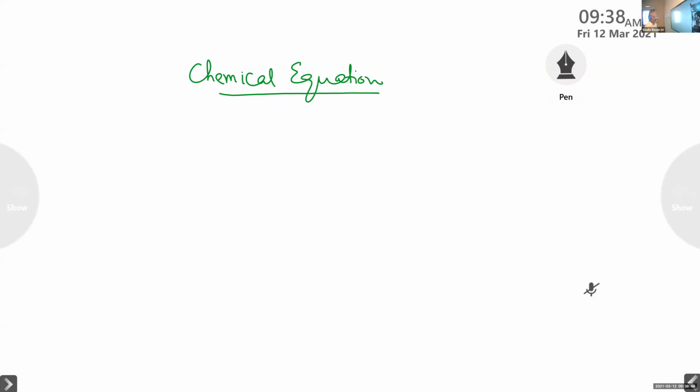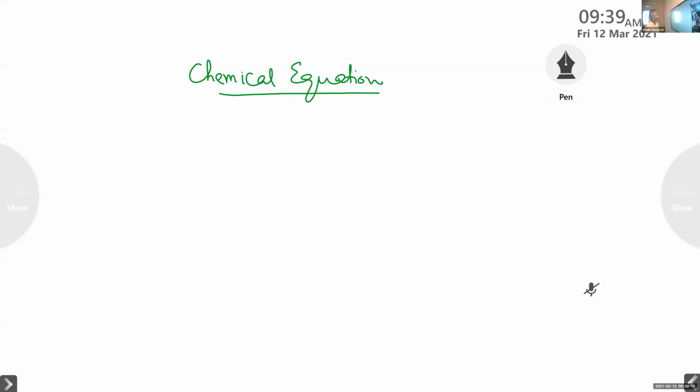So to avoid these long descriptions of the reactions, we can represent the reaction in a short way, a very simple short way.